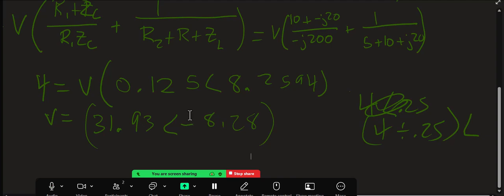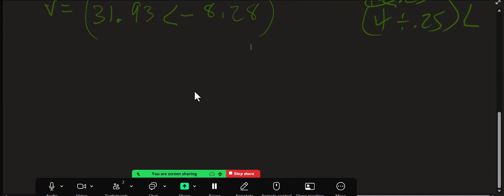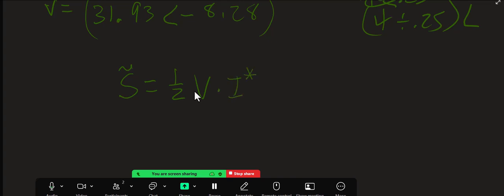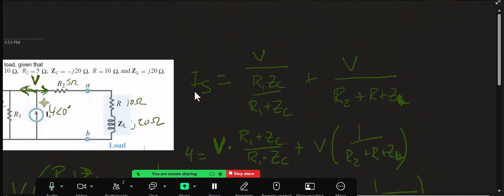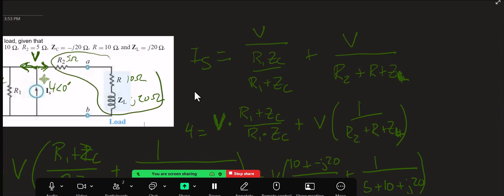I'm trying to get the complex power. Notice nowhere in here does it tell me these were root mean square, so I assume they're not. So I'm going to use my formula that the complex power is 1/2 the complex voltage times the complex current conjugate. To get the current, I will take my voltage and divide it by that amount, because that'll get me the current through the load.